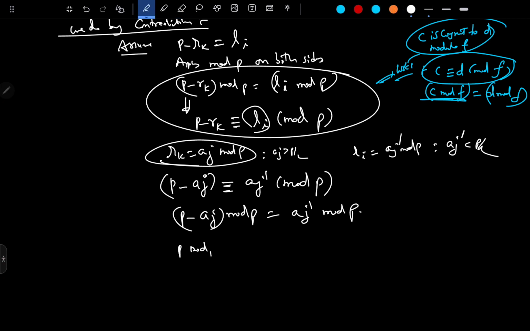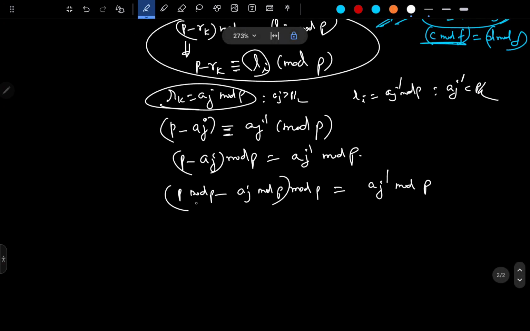From this what can I write? (P mod P minus Aj mod P) whole mod P equals Aj dash mod P. P mod P boils down to 0.